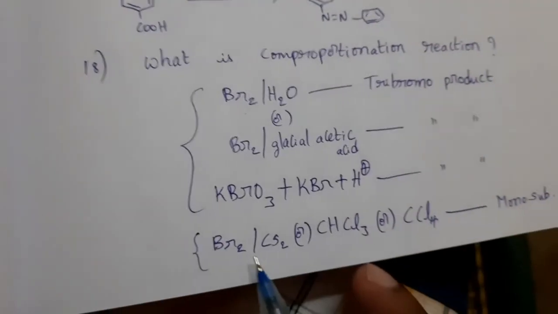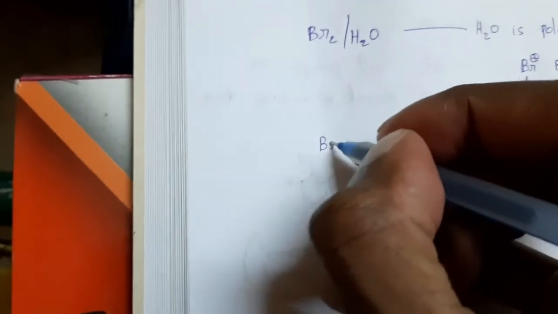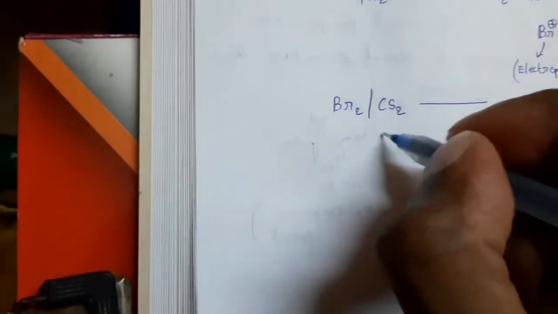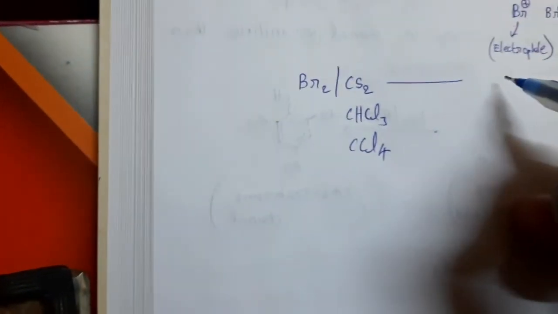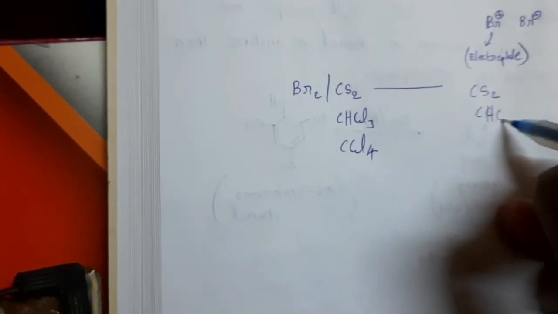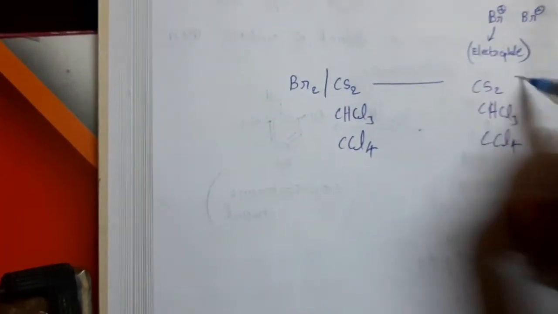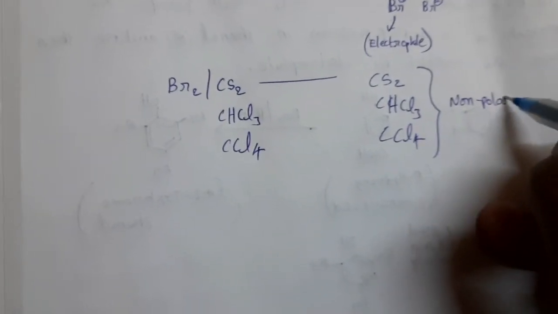Suppose if we use this one, Br2 in CS2, carbon disulfide or CHCl3 or CCl4. All these are non-polar solvents.